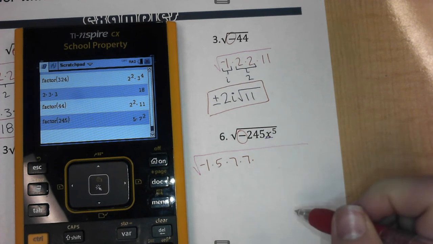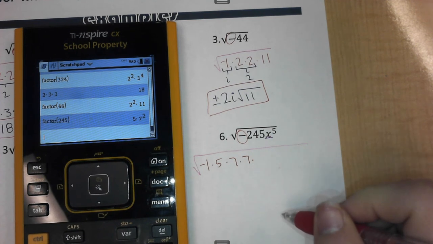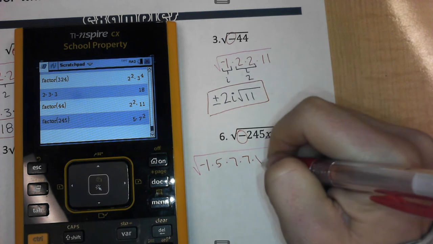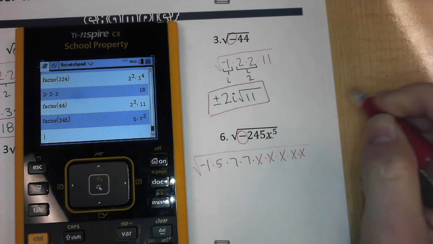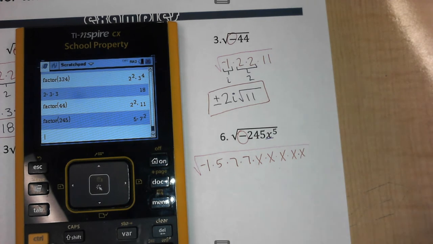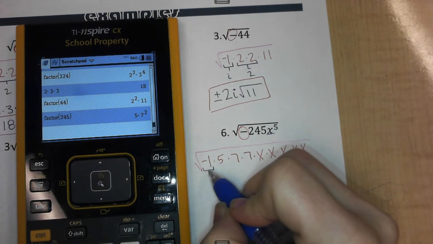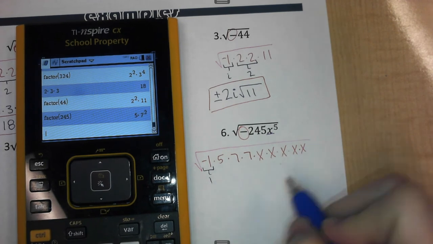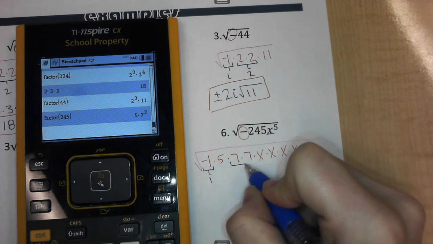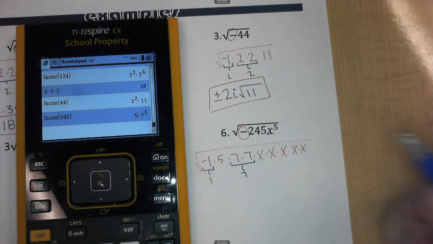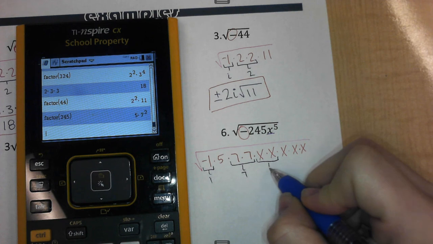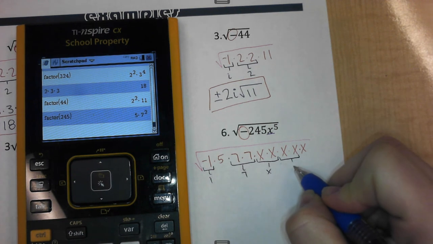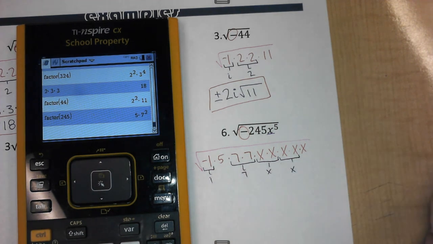That means x times x times x times x times x. So we're going to have 5 x's. And then we're just going to do the same thing. This is coming out as an i. 5 does not have any other pairs, so it stays underneath. 7 is coming out because it's got a pair. And then we can pair up our x's. So this is an x, and this is an x. And then this x at the end does not have a pair.